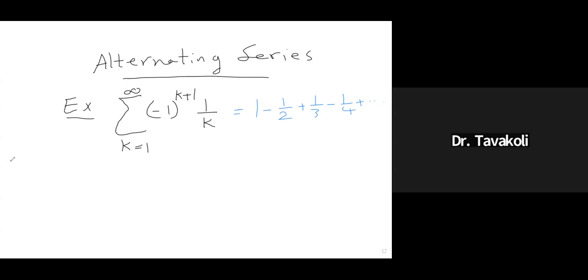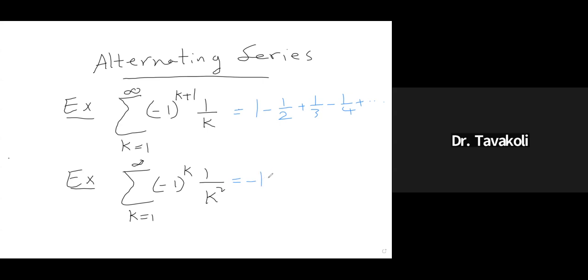Let me give another example. Sigma of -1 to the power of k, 1 over k squared, and k runs from 1 to infinity. This is also an alternating series. When k is 1, -1 to the power of 1 is -1 times 1 over 1 squared, so it is just -1.